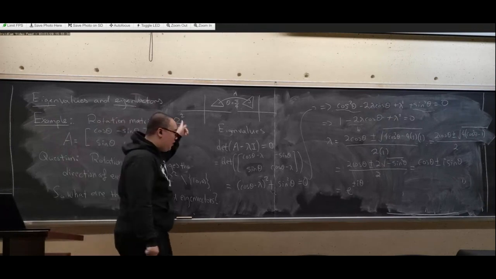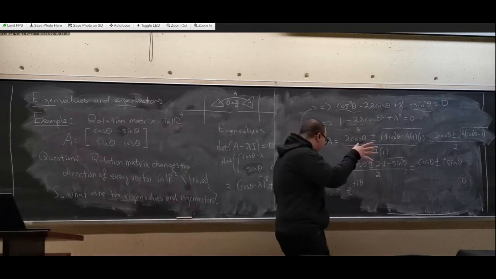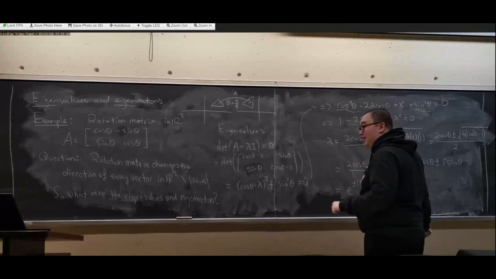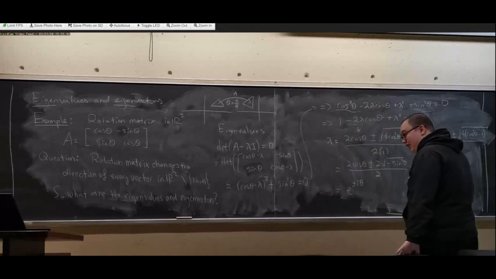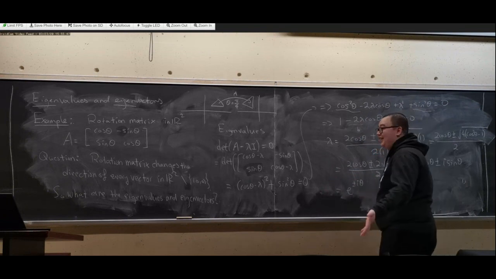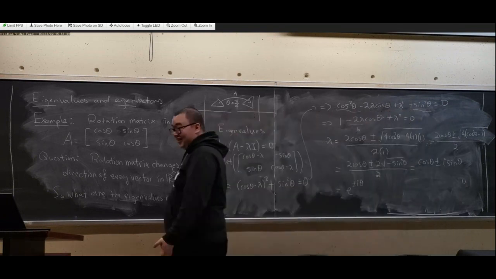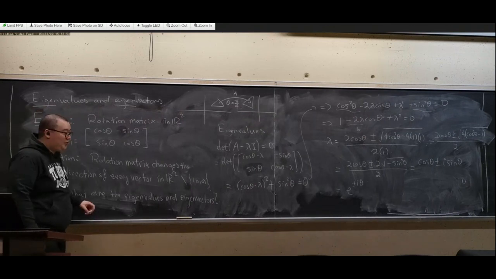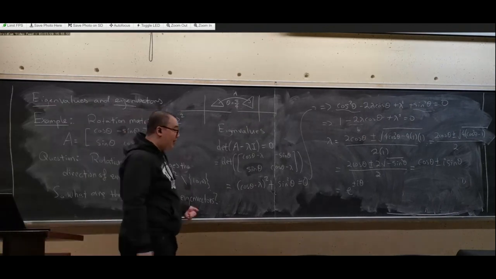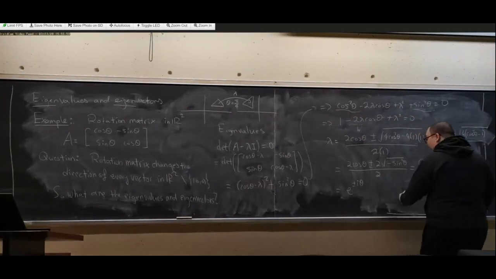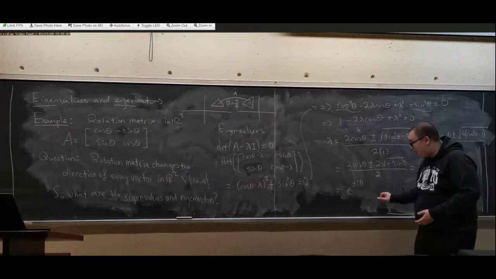A rotation matrix in R2, somehow the eigenvalues, so the scaling factor of the vectors which does not change directions, somehow is a complex number. Isn't that crazy? Well, maybe not. Maybe if you don't like linear algebra, it's not that crazy. But I personally think this is pretty insane, right? It's a complex number.